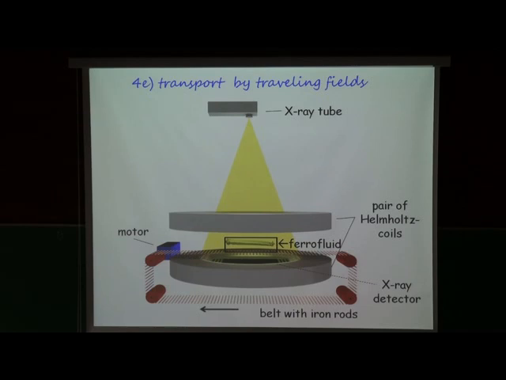we use now a second setup. Once again, we are using X-rays, and you see that here is the vessel with the ferrofluid, and here is the belt running. And this is now an experiment performed by Thomas Friedrich during his diploma thesis.